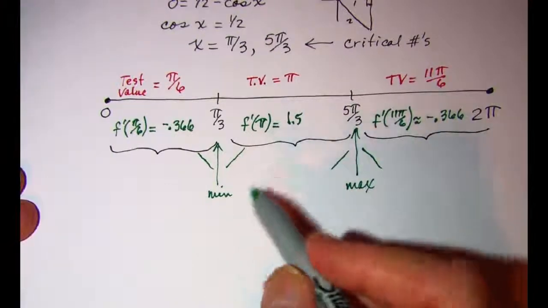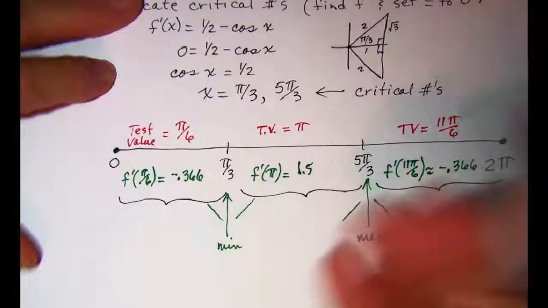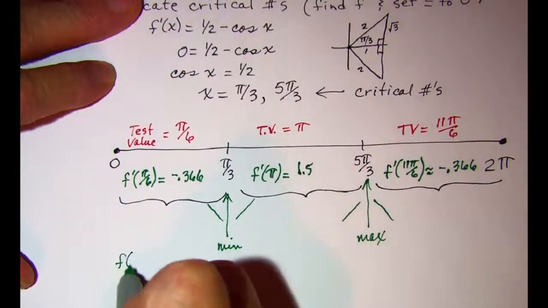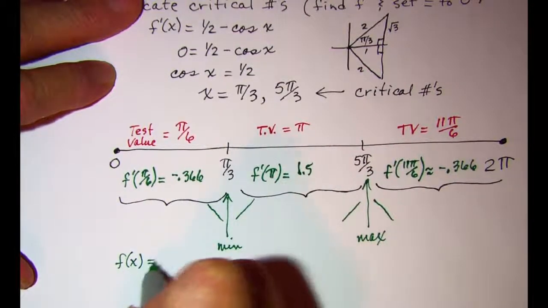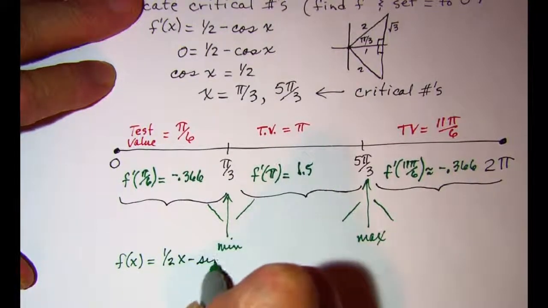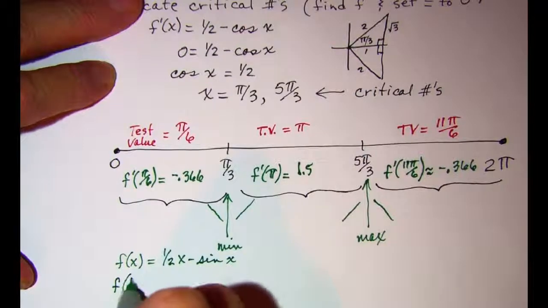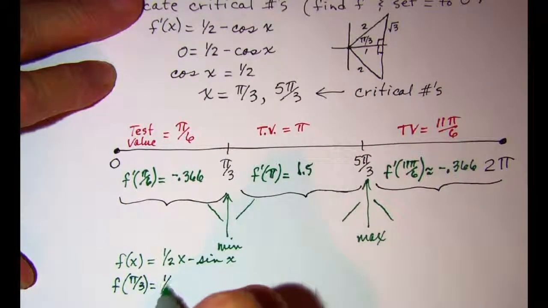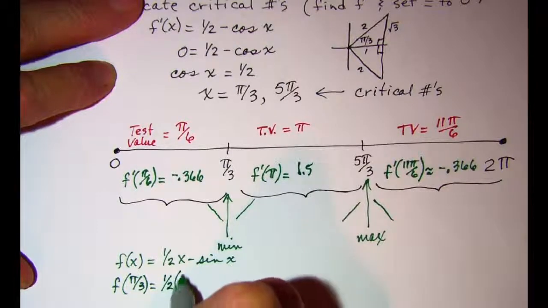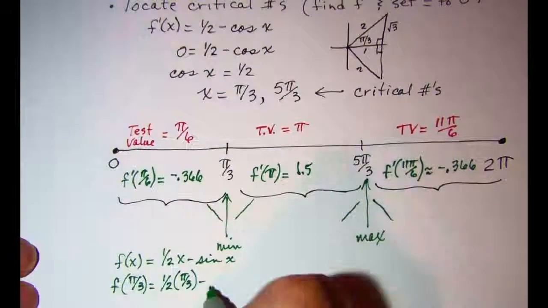Now when we give our min and max, we give the ordered pair. f of x is 1/2 x minus sine x. So f of pi over 3 is going to be 1/2 times pi over 3 minus the sine of pi over 3.